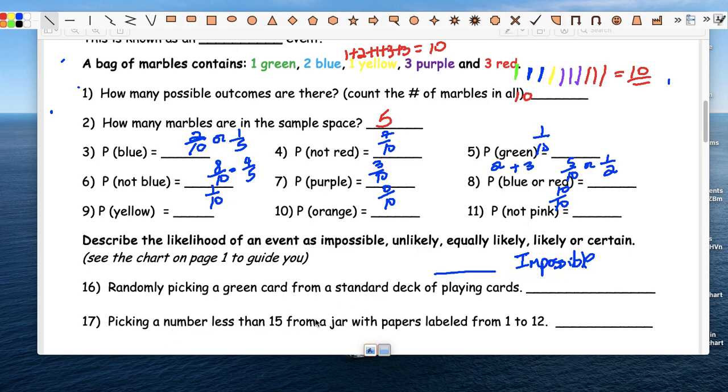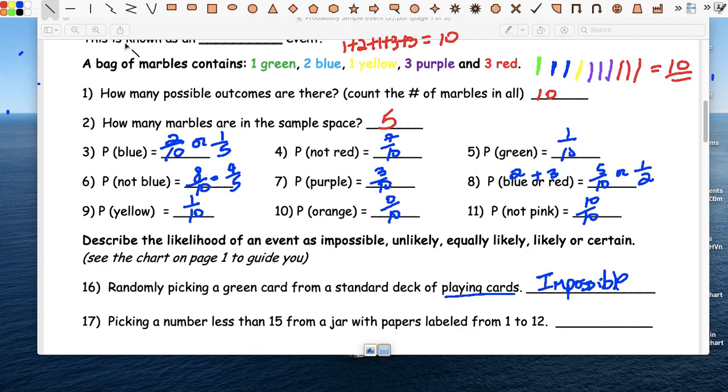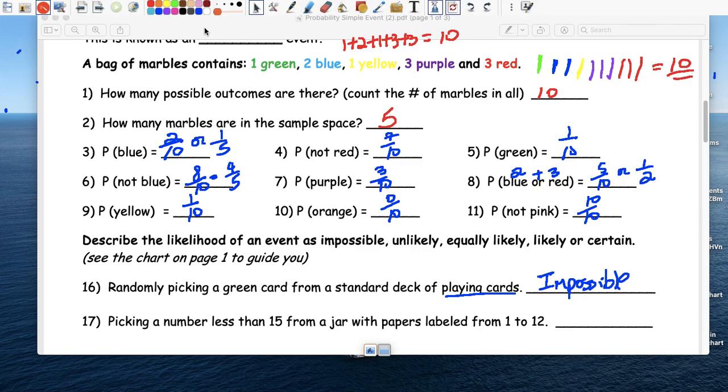Picking a number less than 15 from a jar with papers labeled 1 to 12. So think about a jar, right? And inside this jar, there are numbers 1 through 12. 1, 2, 3, 4, 5, 6, 7, 8, 9, 10, 11, 12.